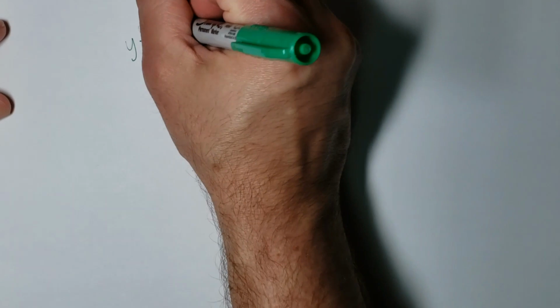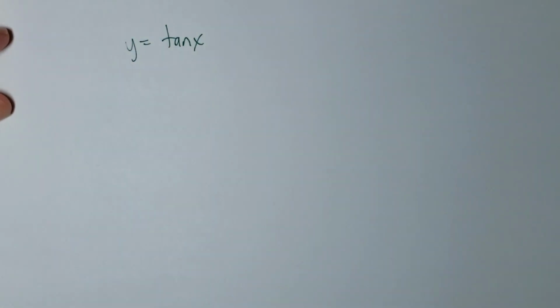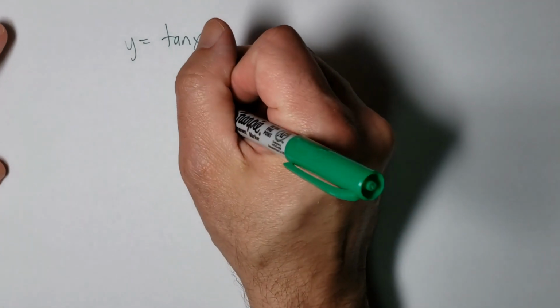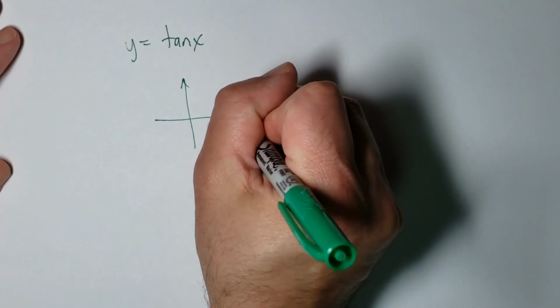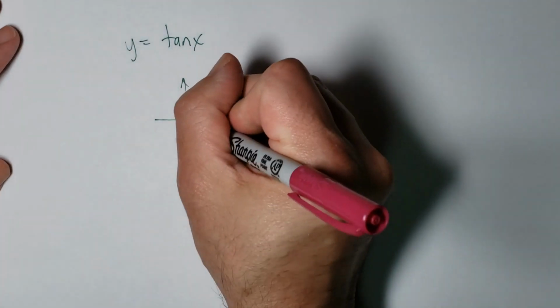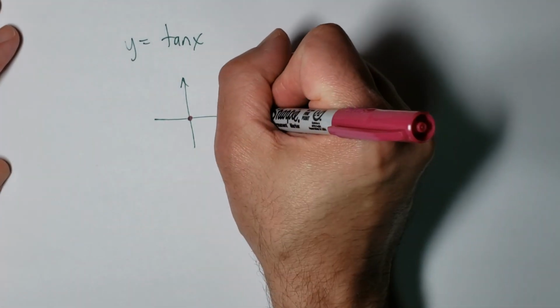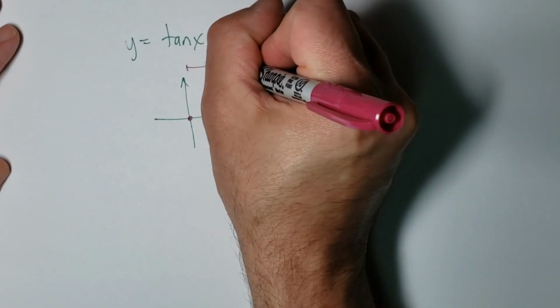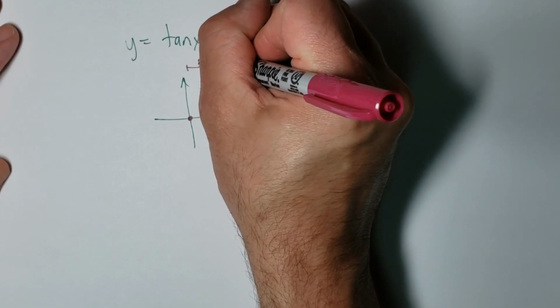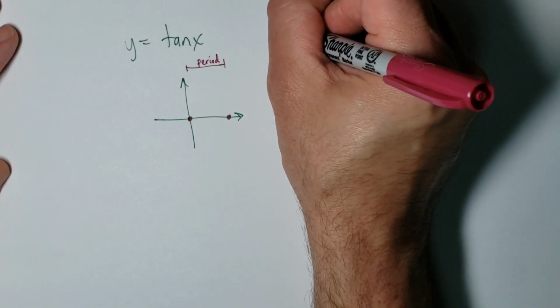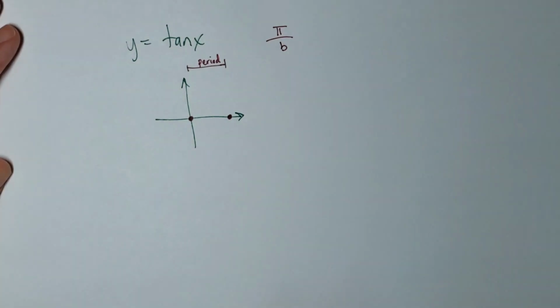Alright, in the last video, we graphed tangent of x. We did that by plotting points, and we realized that the shortcut way to find the key points you need to graph this is to start with the center point, move over the period, which for tangent is pi over b instead of 2 pi over b.